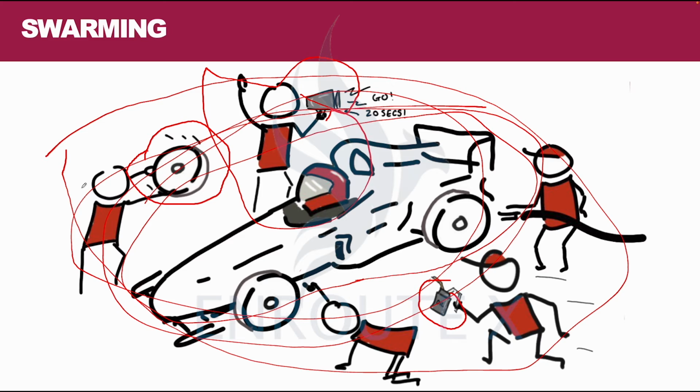Then, of course, they want to prioritize their focus. They have other tasks, but they've decided to focus on this one. They've decided to swarm at this one. Swarming also helps knowledge sharing. It also fosters better collaboration.